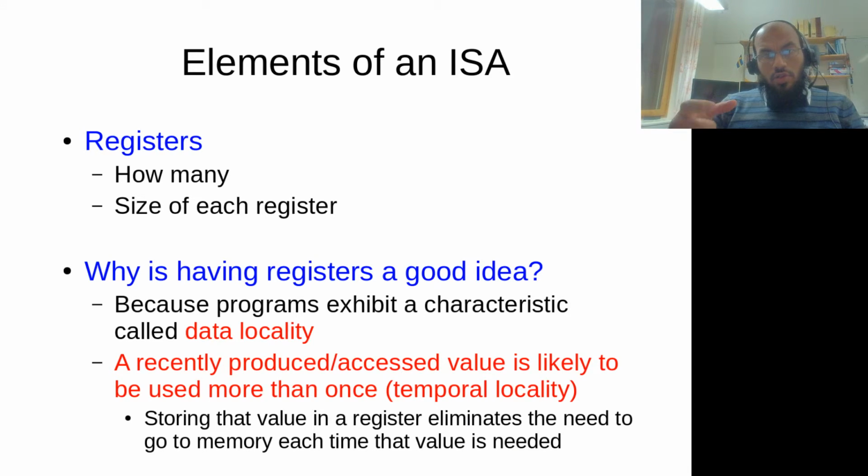So you have some of these registers to keep the data locality, to try to keep your data close to the processor, close to where it's actually processed, and not having to communicate a lot with the memory.